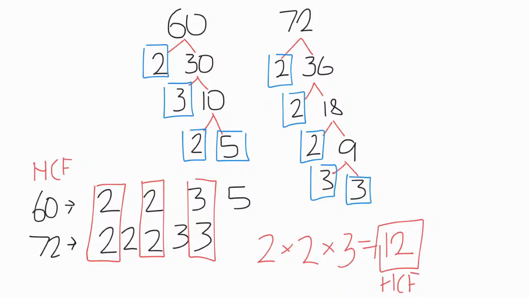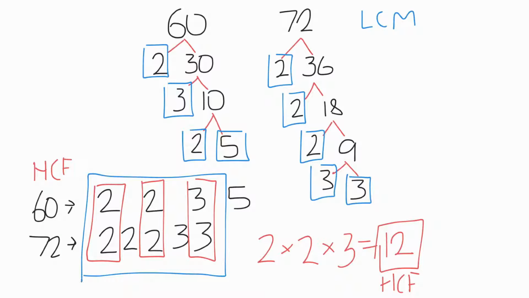So the lowest common multiple, what we have to do, looking back at our numbers, is we have to find how many of each number there are. Now this one here has 3 2's, so we don't count these ones again, we just say that there are 3 2's, 2 times 2 times 2, and we've also got 2 3's.